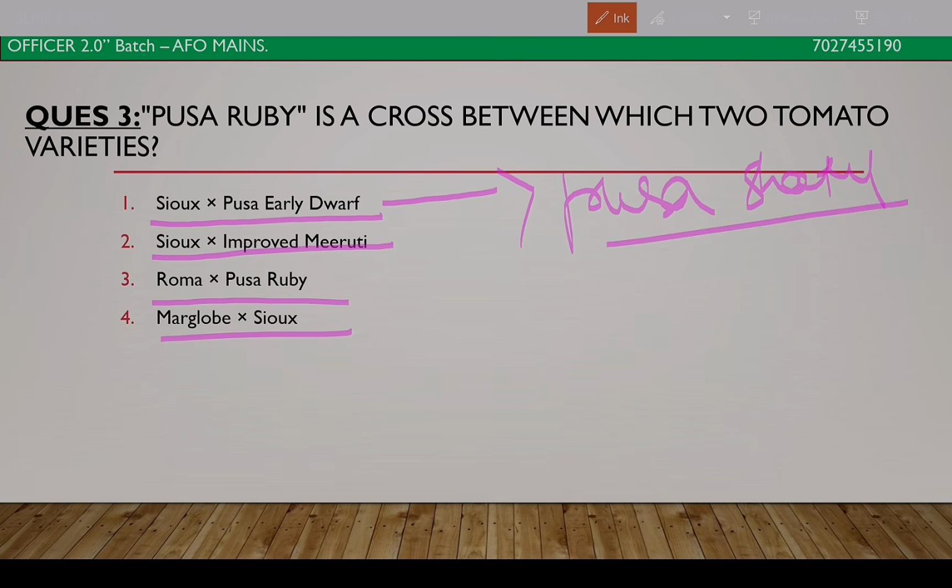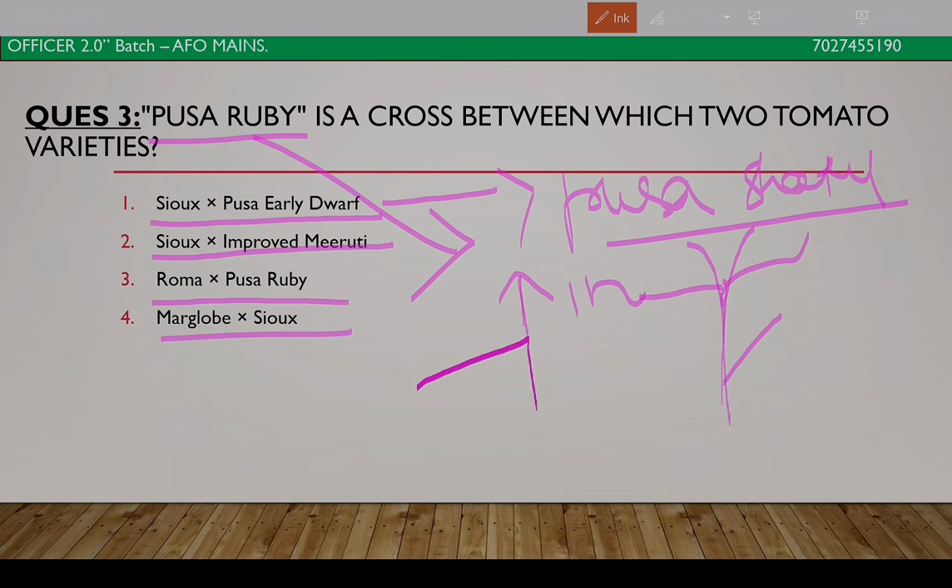Okay, and this is the feature of Pusa Ruby, that it is a variety that supports indeterminate growth habit. Indeterminate growth habit means the plant will keep growing and will not terminate on its own. Pusa Ruby can tolerate high temperature, and also the fruits are roundish in shape.